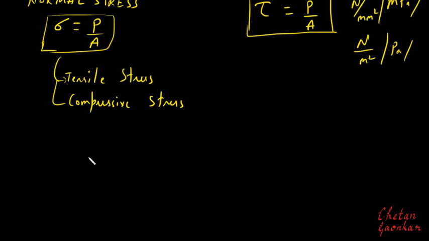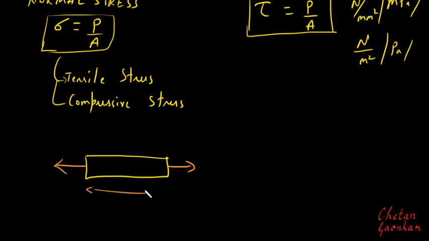Now when it will be a tensile stress, if the component is subjected to axial forces, but the forces are acting in outward direction, that means it is trying to elongate this bar or expand this bar in this direction.